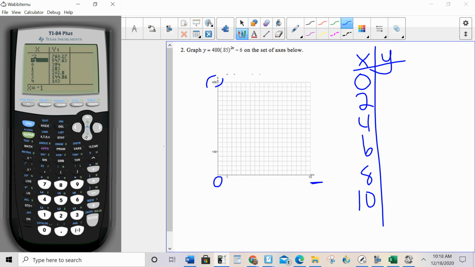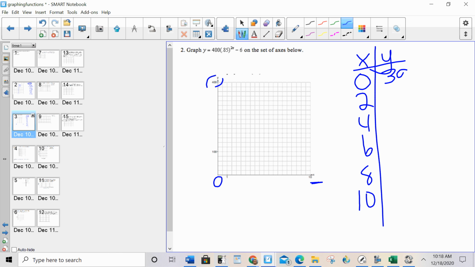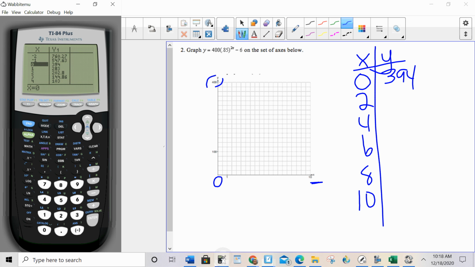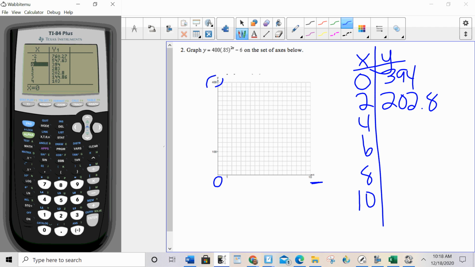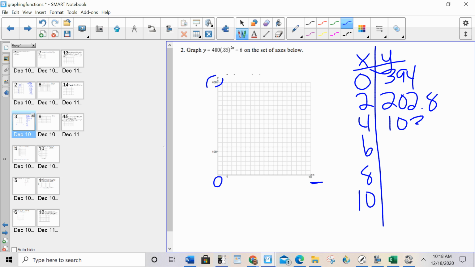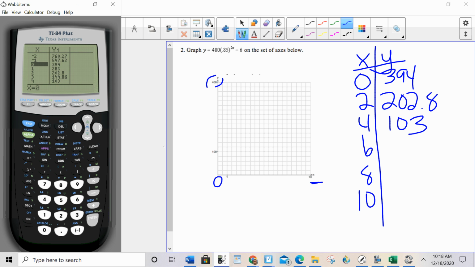Now, if you notice, there's not really a lot of very nice points here. Who cares? This is Algebra 2. Don't expect to see nice points. 0 is 394. 2 is 202.8. 4 is 103. 6 is, I'm just going to call it 51, or 50.9, whatever.